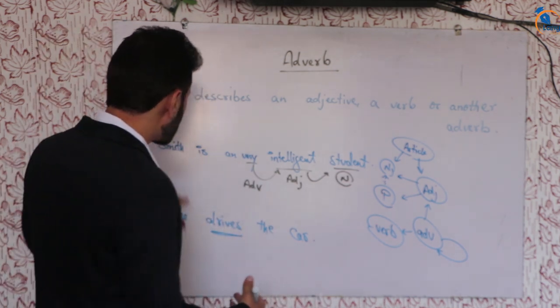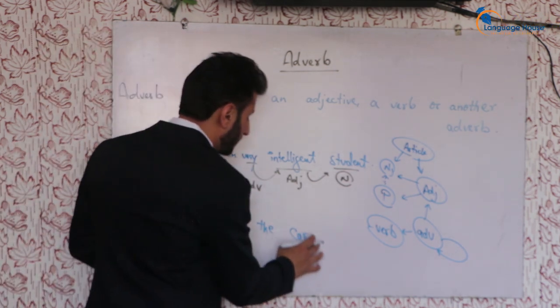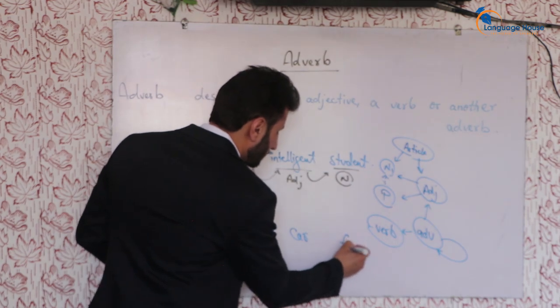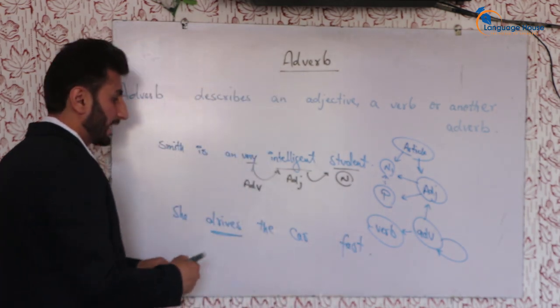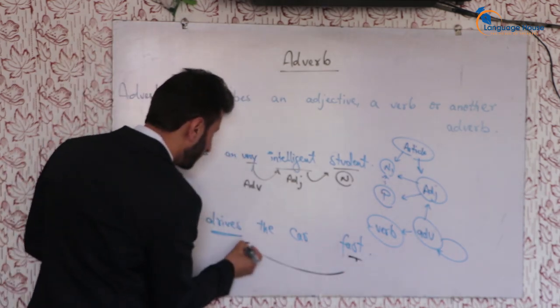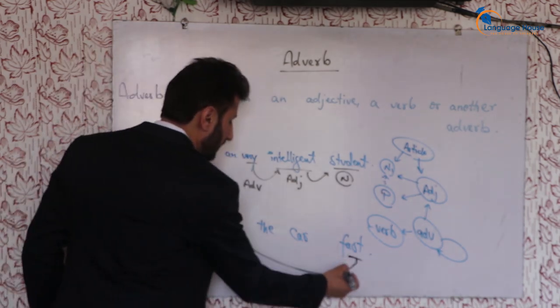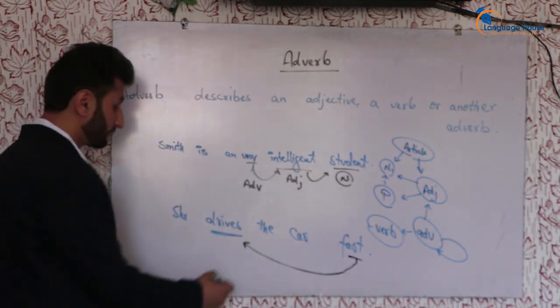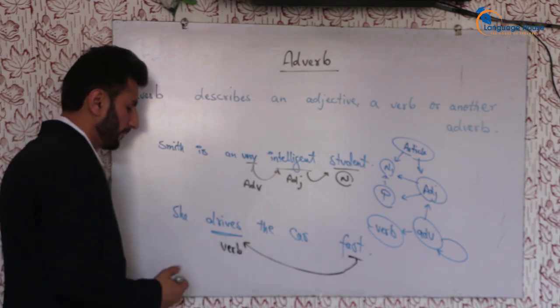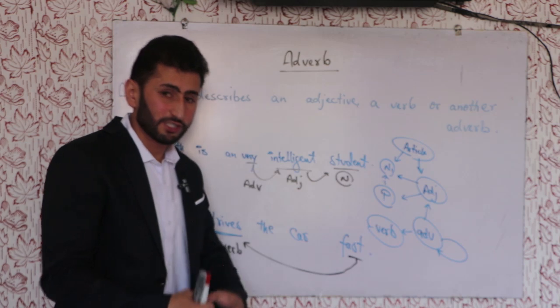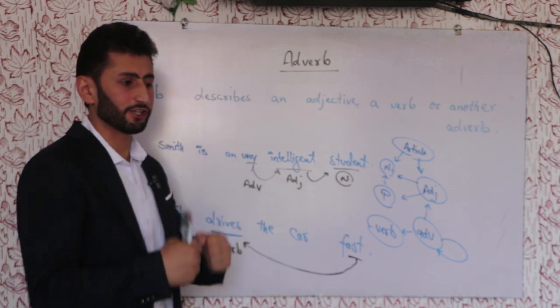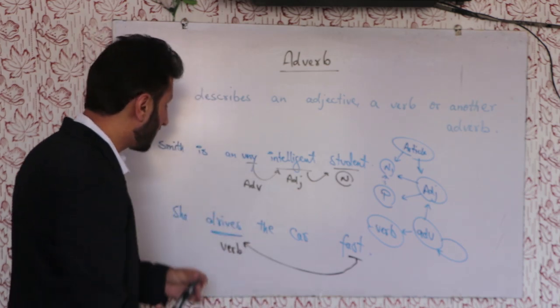We can say, she drives the car fast. Okay, fast is actually an adverb that modifies what? That modifies or describes the verb, which is drive. Okay? So she drives the car fast. Fast shows how the driving is done.